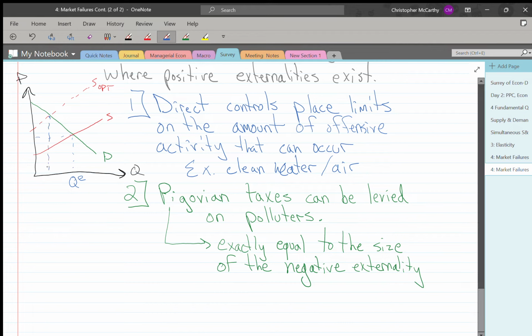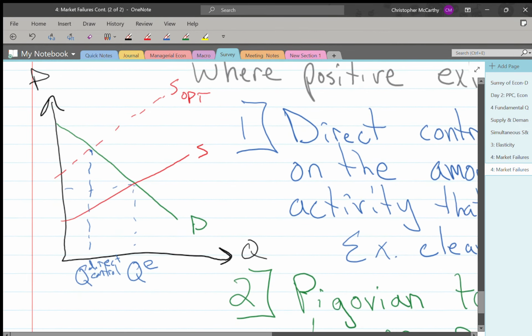So a direct control would be they would set this amount. Q direct control. They would just set that amount, and that would go ahead and shift their supply curves over.